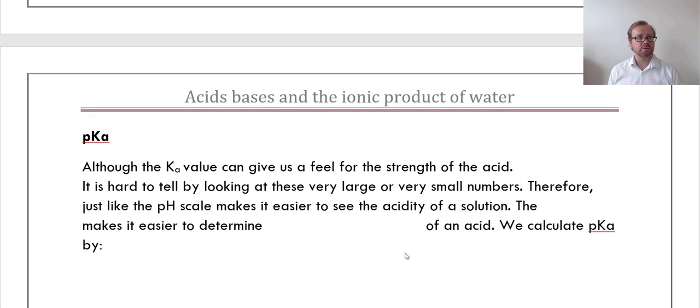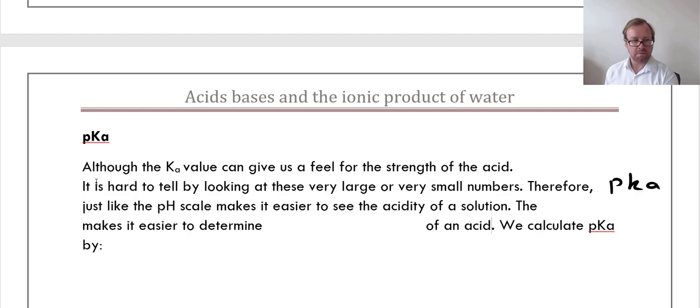Okay, so moving on to pKa. Although the Ka value can give us a feel for the strength of the acid, it's hard to tell by looking at these very large or very small numbers, as we just figured out there. So therefore, pKa, just like the pH scale, makes it easier to see the acidity of a solution.